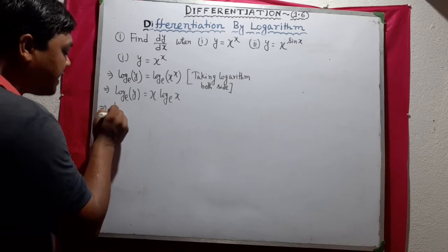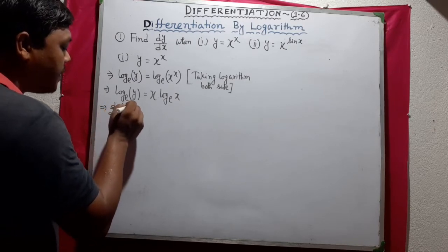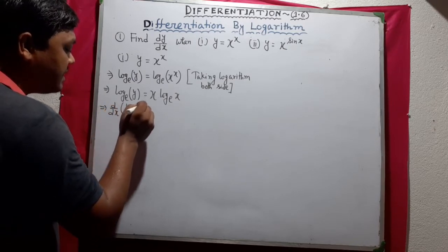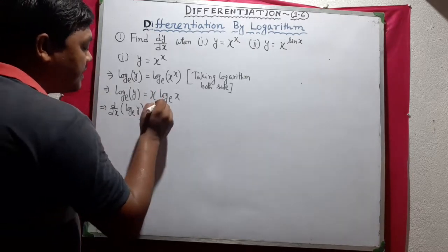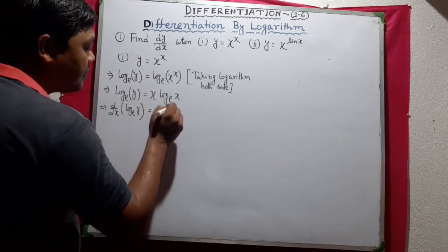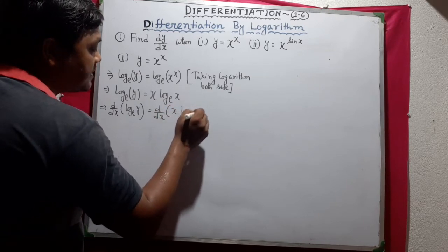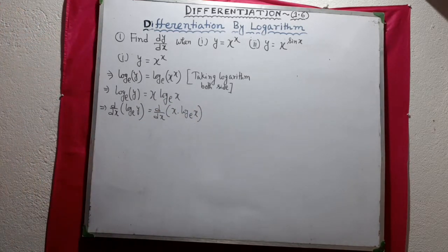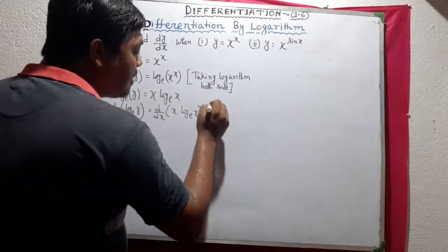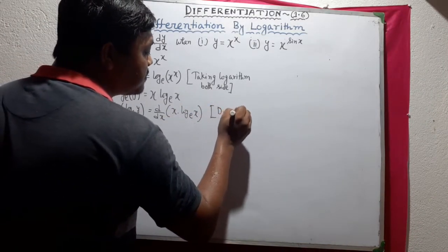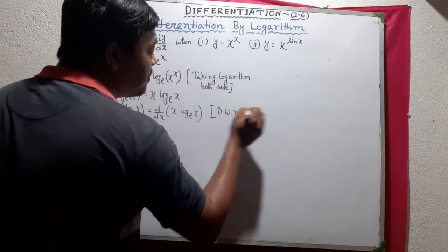So that is d/dx of log base e y and d/dx of x into log base e x. So we write down here, differentiate with respect to x both sides.